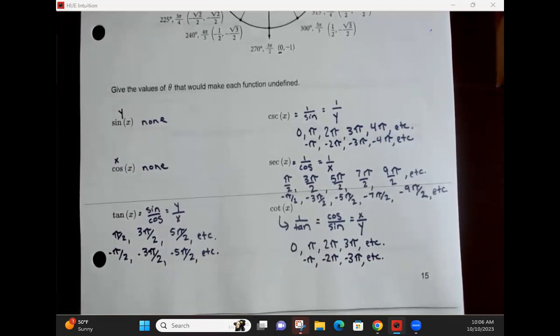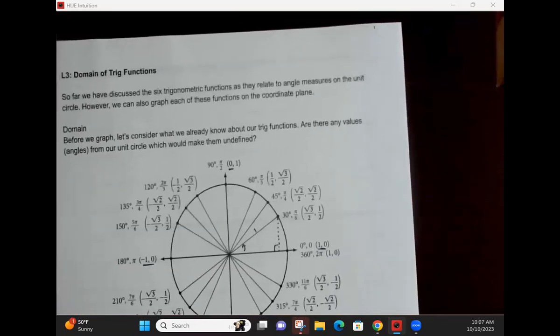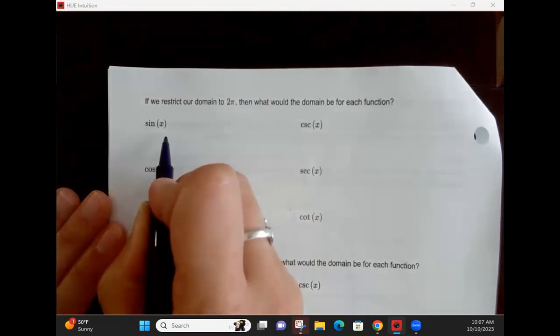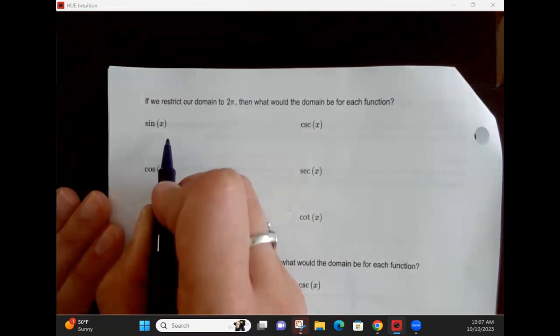So let's talk about the domain of these functions, but let's limit it to one cycle, one circle. Let's limit it to between 0 and 2 pi. Let's talk about what the domains of these functions would be. For sine, we had no values to exclude. We didn't have any places where sine was undefined.